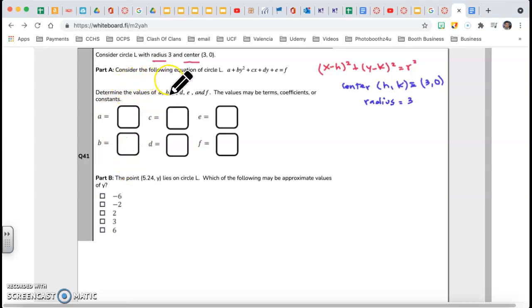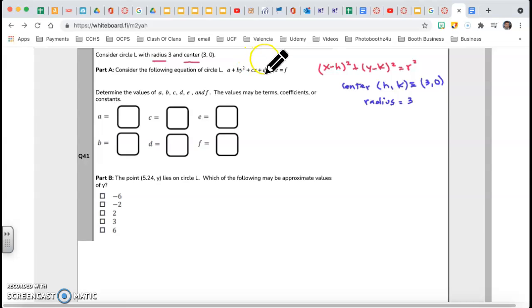Determine the values of A, B, C, D, E, and F, right? The value may be terms, coefficients, or constants. Constants are just numbers by themselves. A coefficient is a number in front of a y or an x. Like this, for example, Cx, so C is a coefficient.